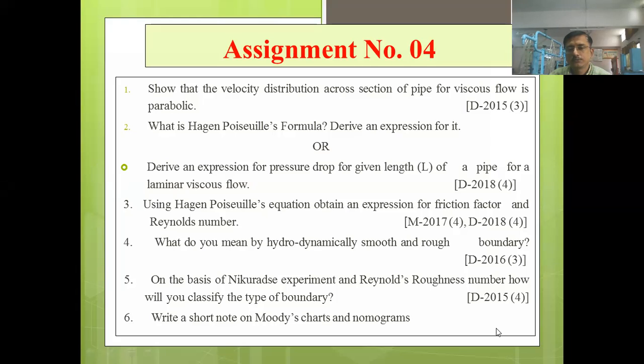Next question, question number 6. Write a short note on Moody's chart and nomograms.